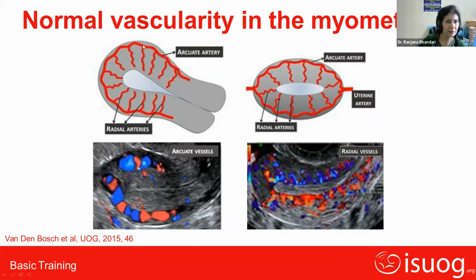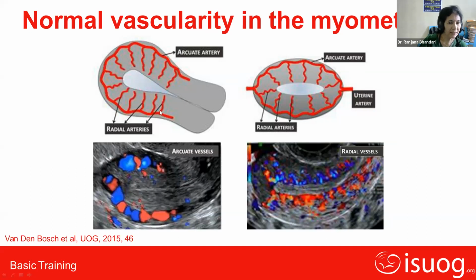See, the arcuate artery is going parallelly through the whole diameter of our uterus. This is the arcuate artery, such a big fat artery going between the outer and middle layer of the myometrium.